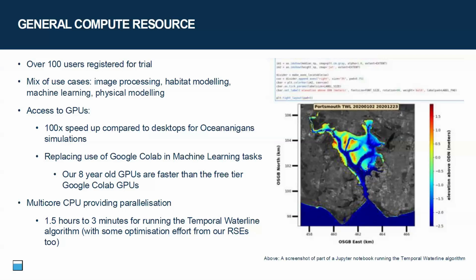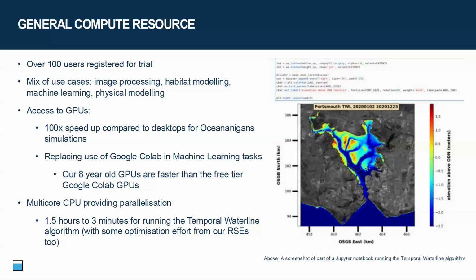One of the success stories we like to talk about is that we had a couple of researchers who wanted to run an ocean model called Oceanography, which is written in Julia. It's designed for running on GPUs, and they were running it on their laptops and desktops. We said, you should try running it on our platform, and they saw a 100 times speed up, which was very pleasing.